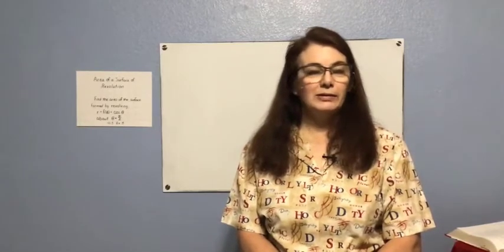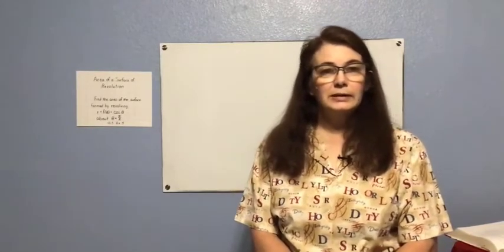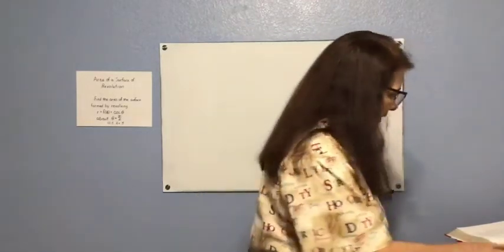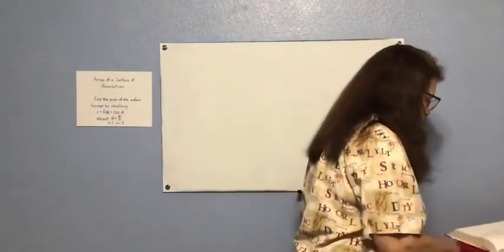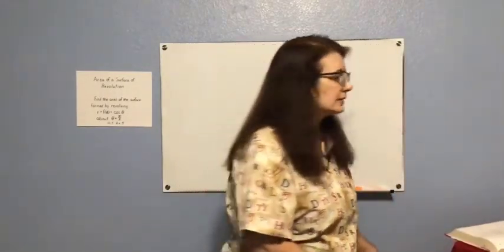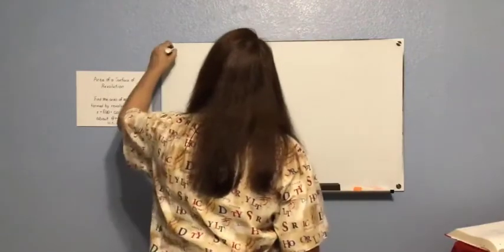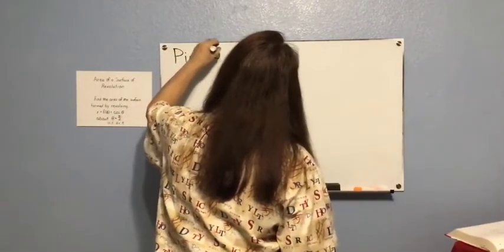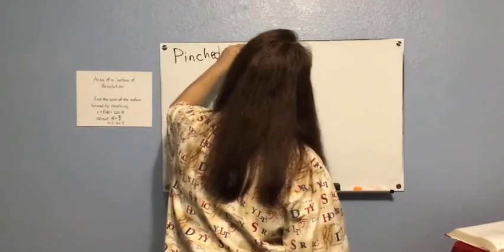So we get something that looks kind of like a donut, but there's actually no hole in the center. Okay, and this is called a pinched torus. If it's a donut, it's a torus, but we call this a pinched torus.